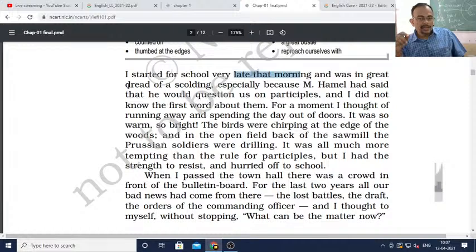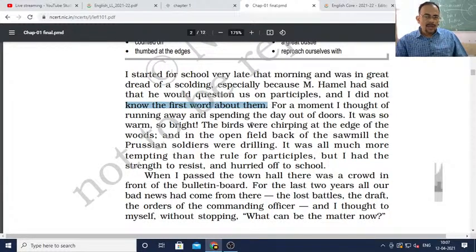And the narrator, that is Franz, says that he did not know the first word about the participles. So that is why Franz appeared to be very much tensed because, number one, he has started late for the school that morning, and secondly, on that day his French teacher, M. Hamel, would ask Franz some questions on participles about which Franz has no knowledge, right? That is the reason why he was very tensed.